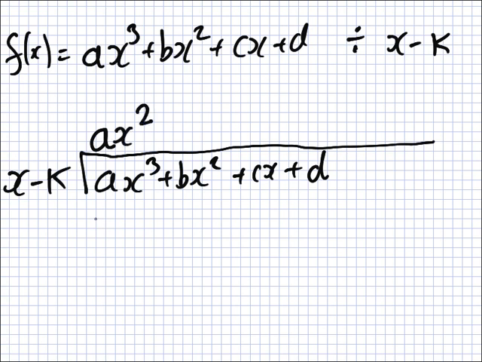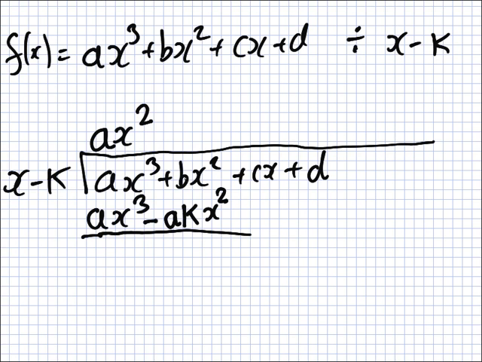Now let's multiply it. What do we get? ax cubed minus akx squared. Now, don't write this down just yet. Just pay attention and then you can write it down after we do the subtraction part. These cancel.